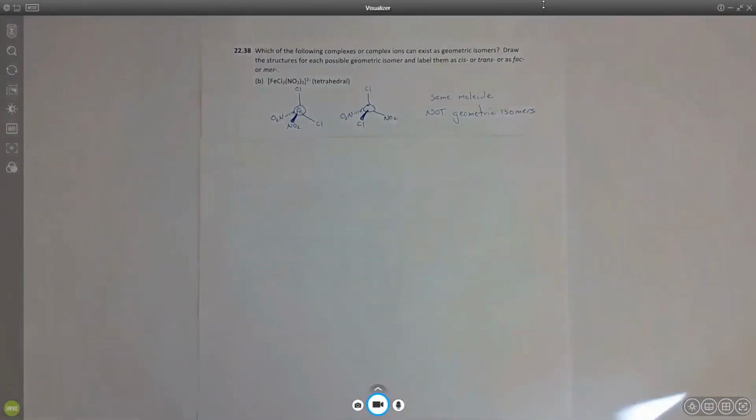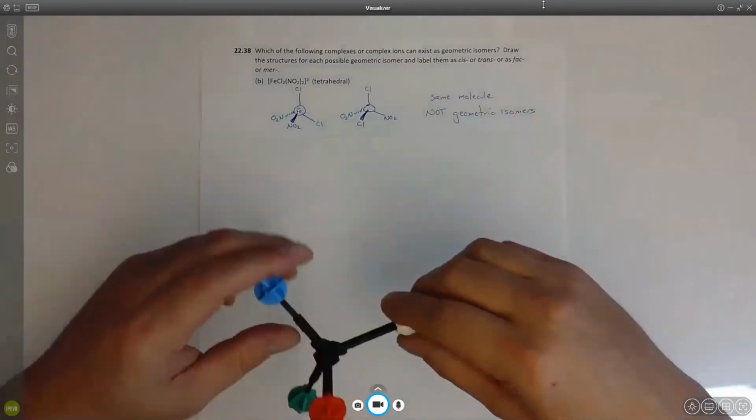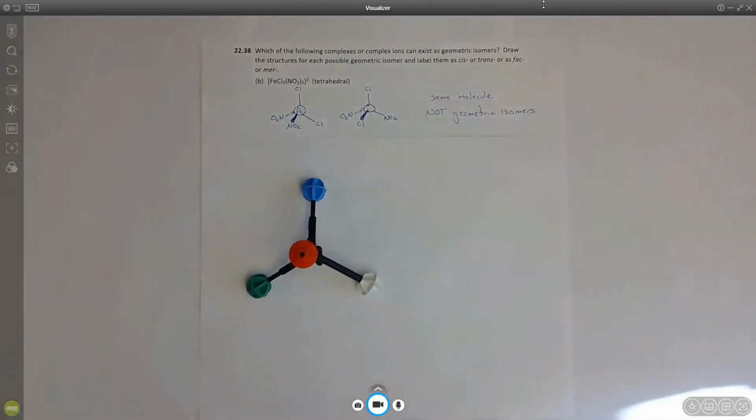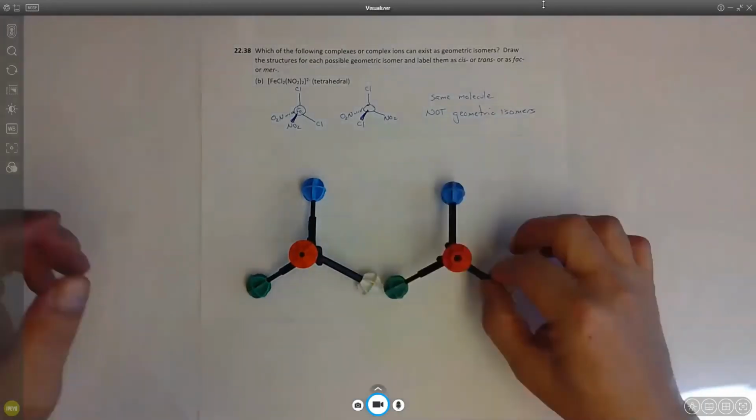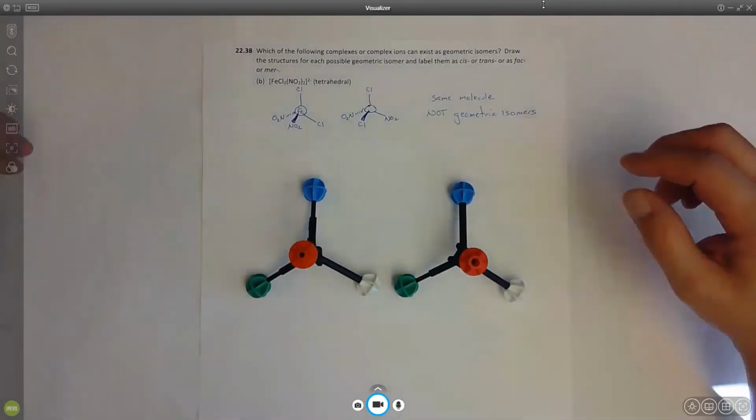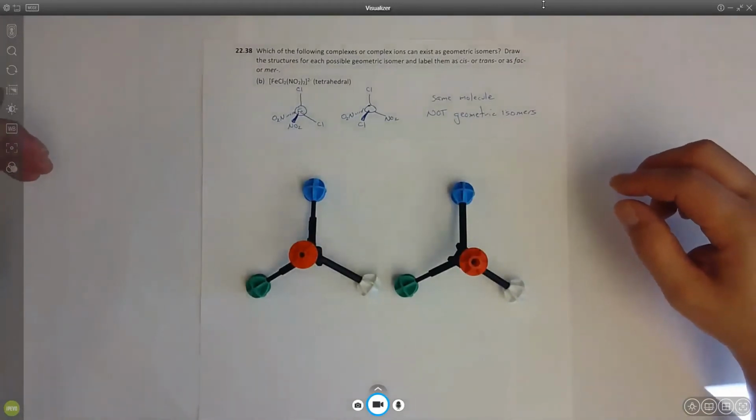Now, let's say we have two molecules. Here, in this particular case, we have four different ligands this time. We have a red, a blue, a green, and a white. And so here obviously would be the exact same molecule. Now, what if we switch one?